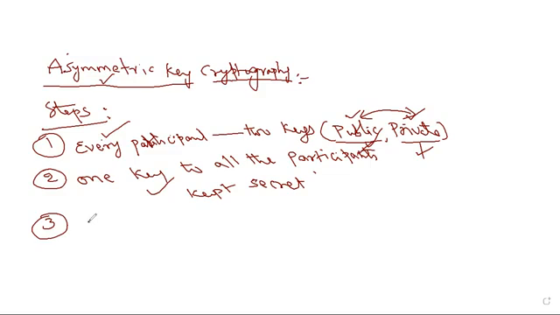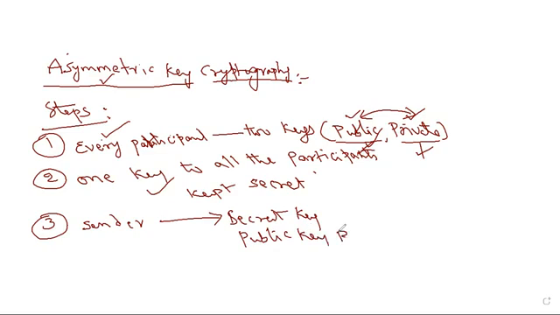The first user is called the sender and the second user is called the receiver. The sender has two possibilities for using keys: he can use his own secret key, or the public key of the receiver. The private key of the receiver is unknown to the sender, so he can use the receiver's public key, because the receiver's public key is known to him and all the remaining participants.